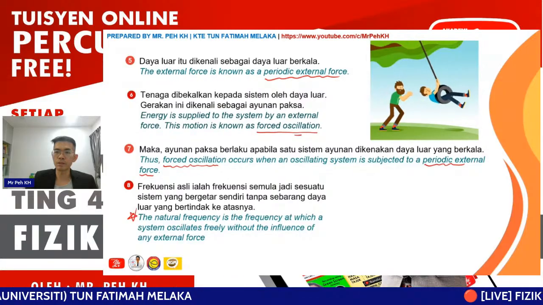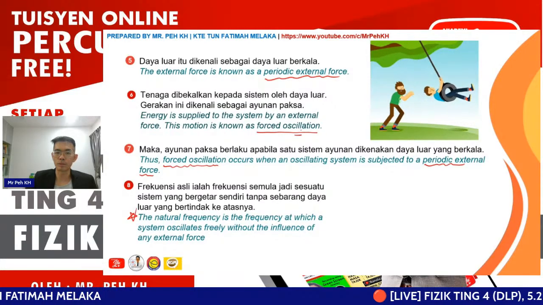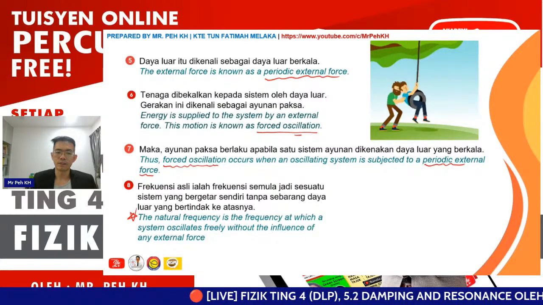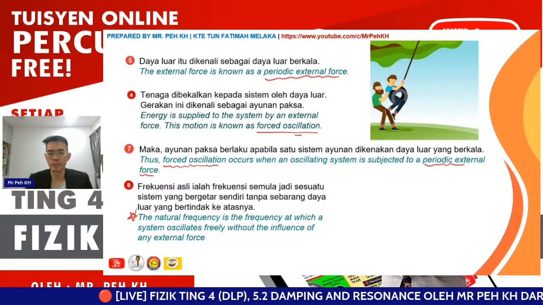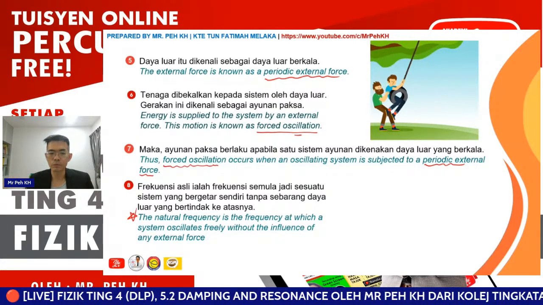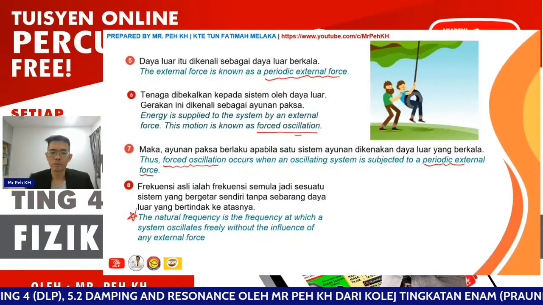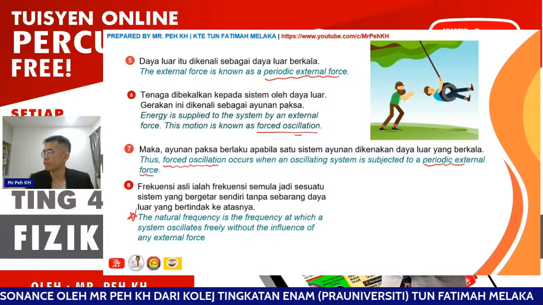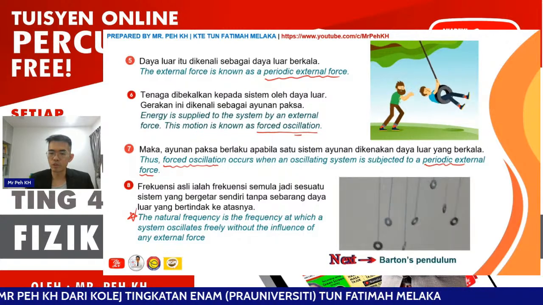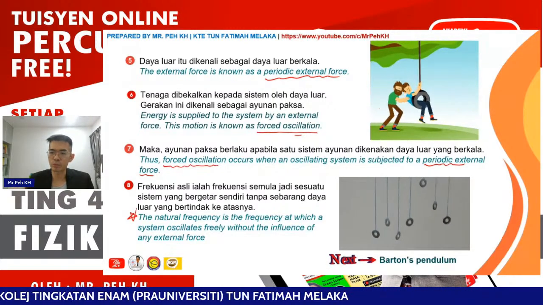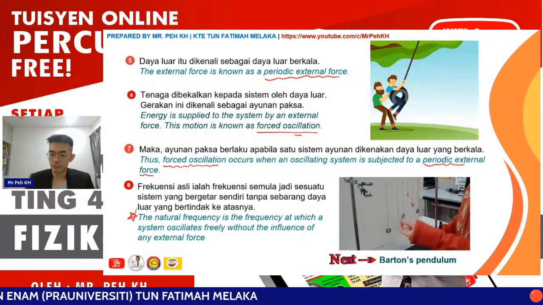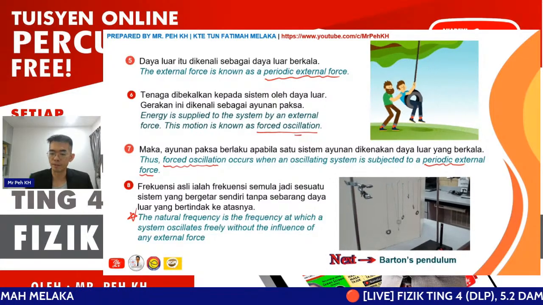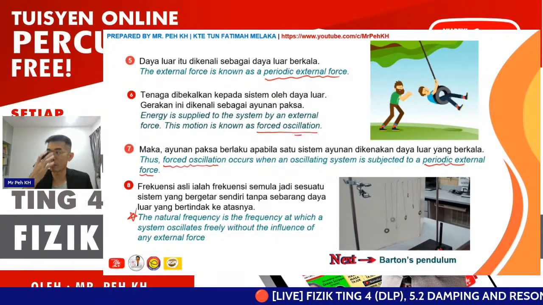So the swing is actually the forced oscillation. Now the natural frequency tells us that the oscillating system will continue to swing without influence by the external force. Okay, this will be discussed with the activity in your textbook, known as Barton's pendulum. This will be discussed later on.